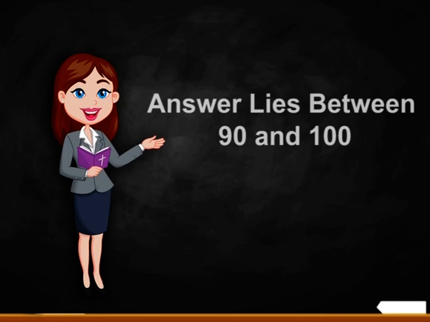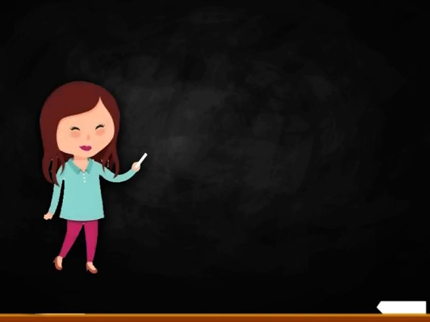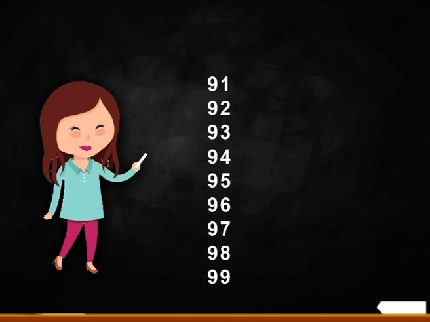Thus, our answer lies between 90 and 100. Our possible answers at this stage are 91, 92, 93, 94, 95, 96, 97, 98, 99.